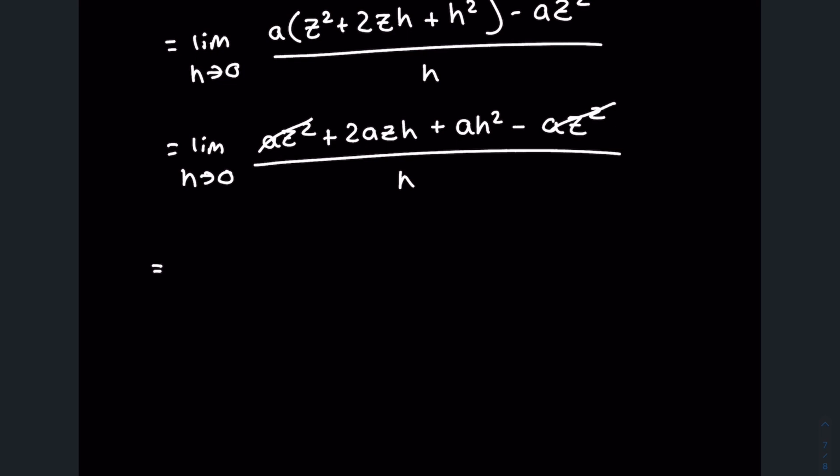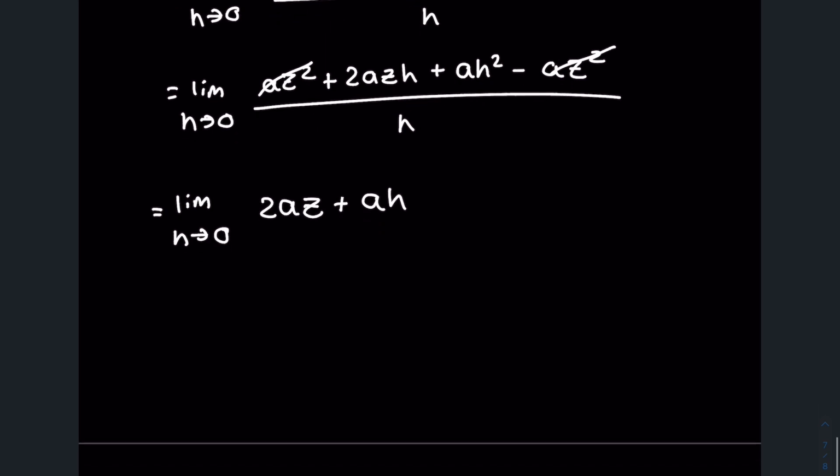So we continue and we divide everything by h. So we'll end up with 2az plus ah. And there's nothing else for us to really do. Maybe we can factor out the a's, but it's really substituting 0 for h.